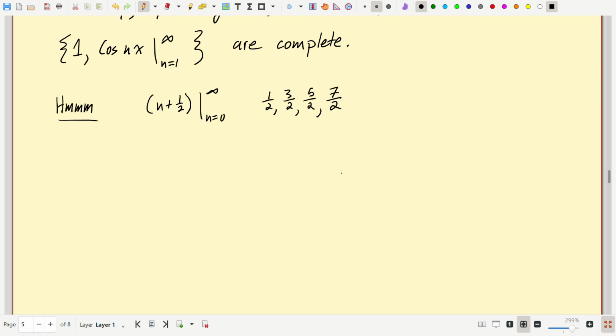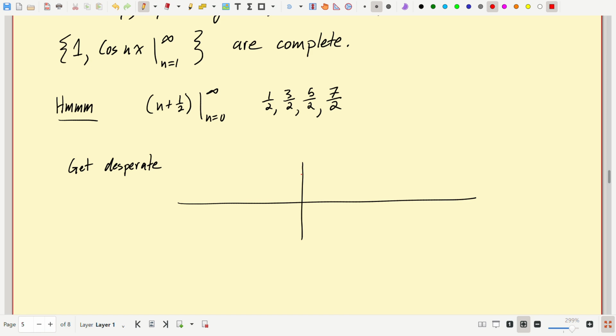You can get desperate and try various things and think about it. So let's see, what would I do? I've got a function from 0 to pi.